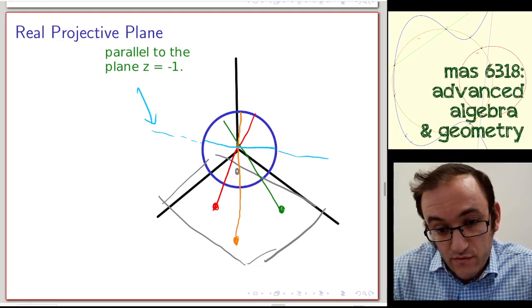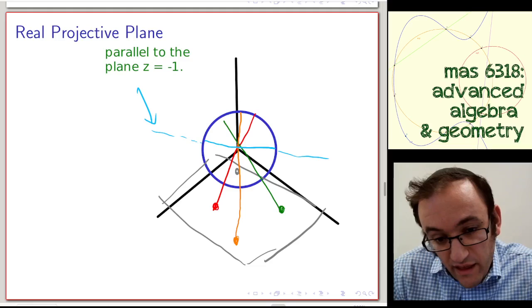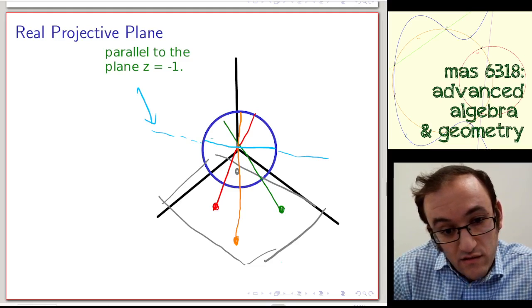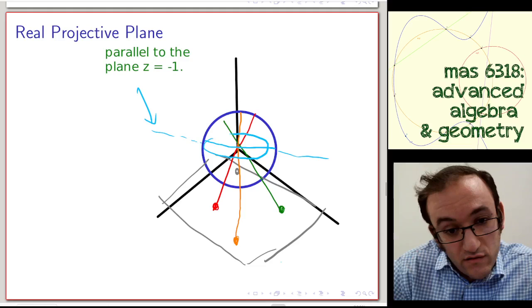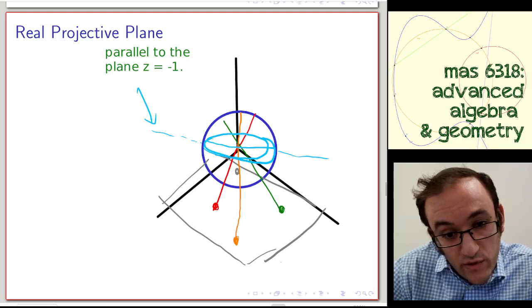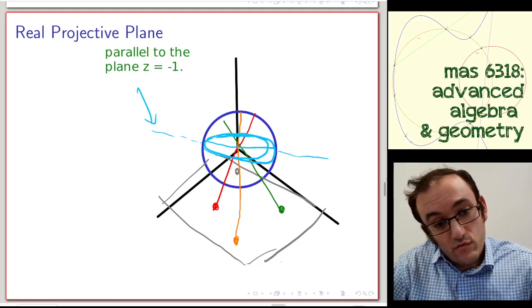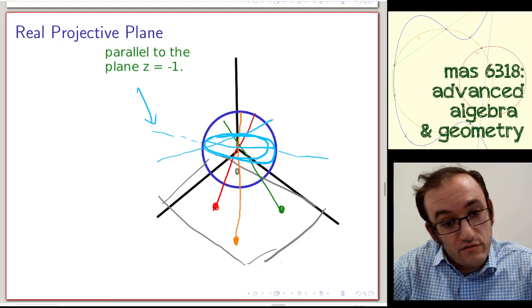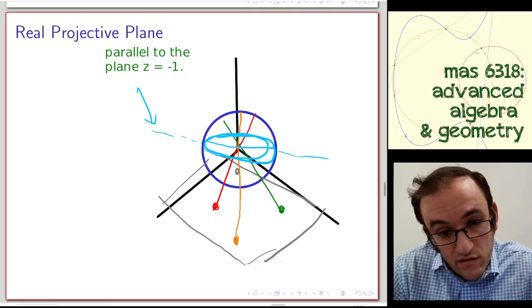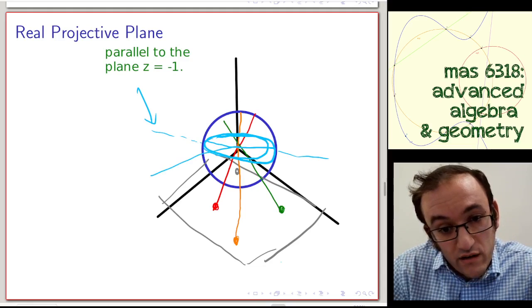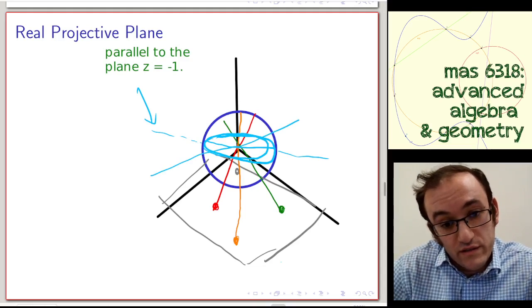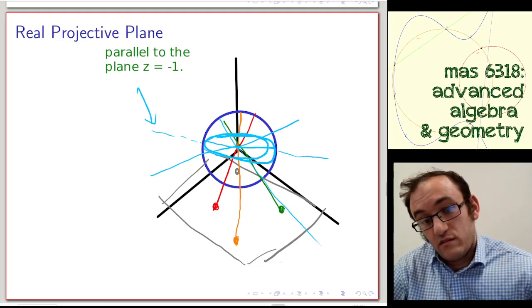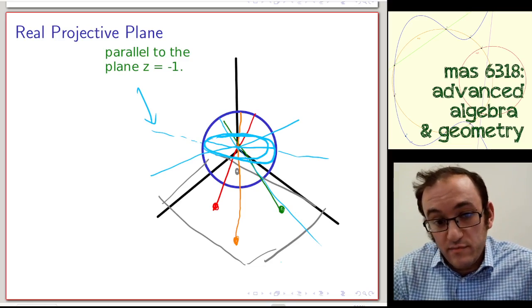So we're going to have this equator circle, where all of the lines through the origin and through that equator are never going to hit the plane z equals -1.